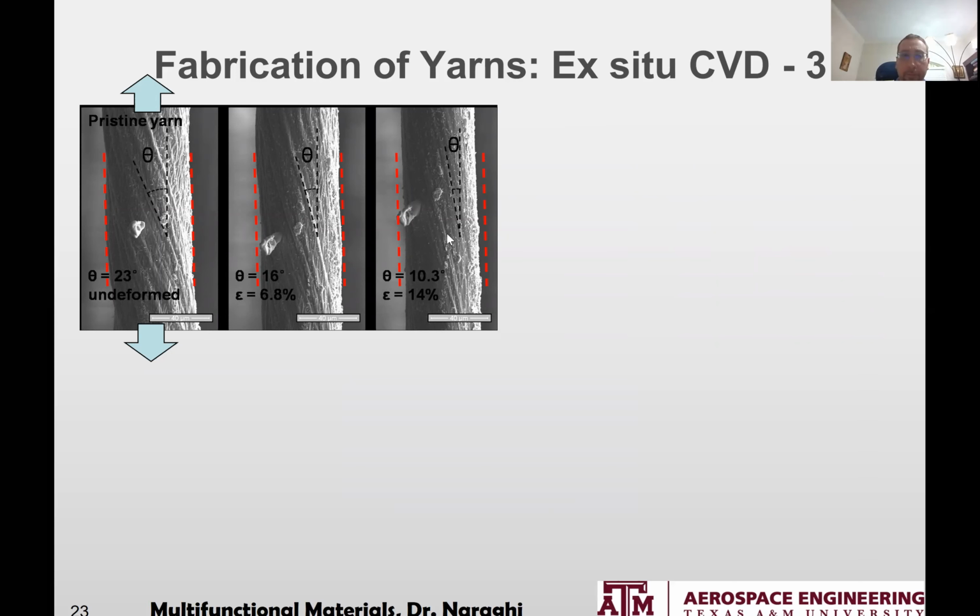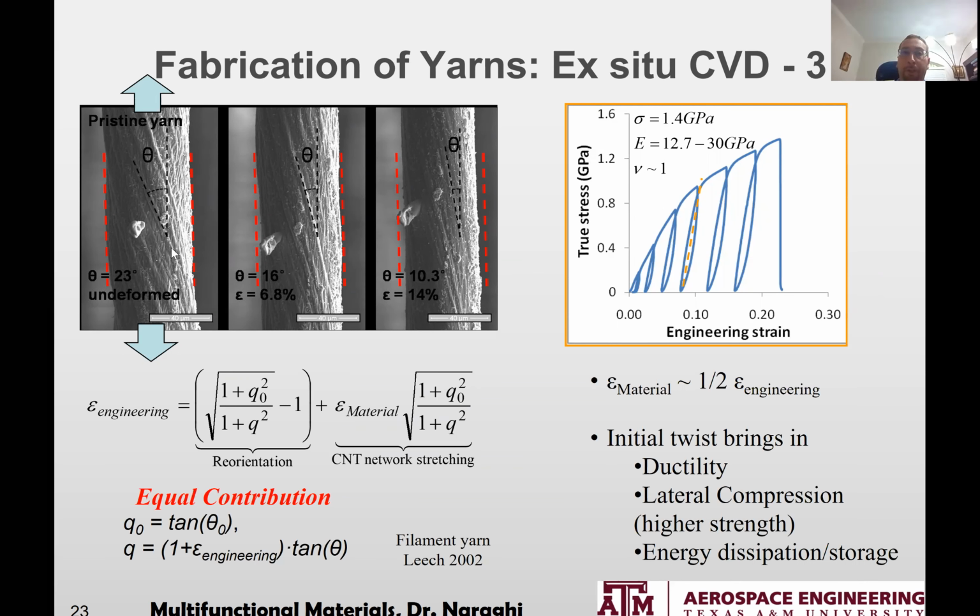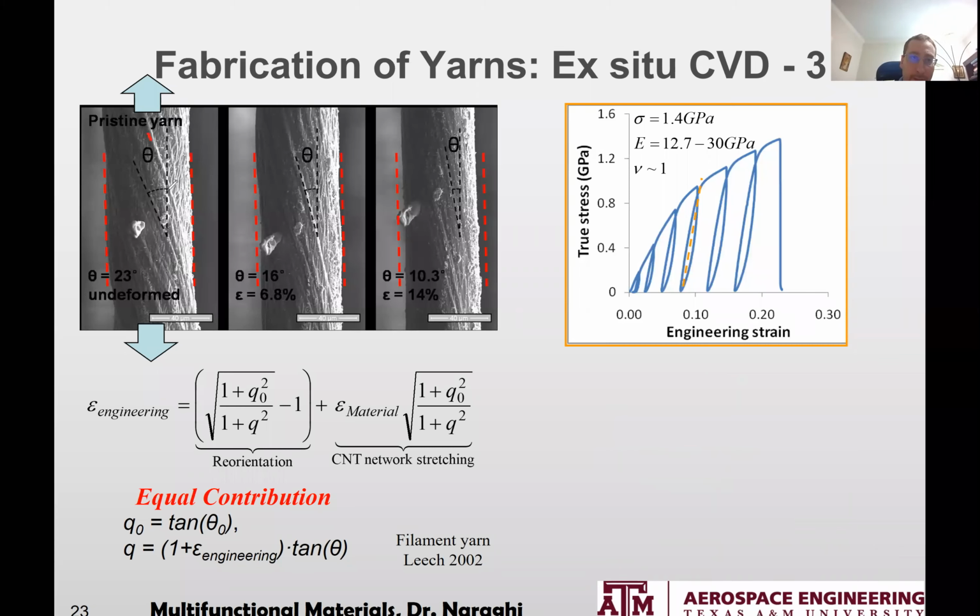So you can think of it as two deformation mechanisms contributing to the ductility of this guy. If I think about one ridge, let's say this guy, that I'm going to plot here. If these are the two ends of this ridge, initially this angle is 23 degrees.